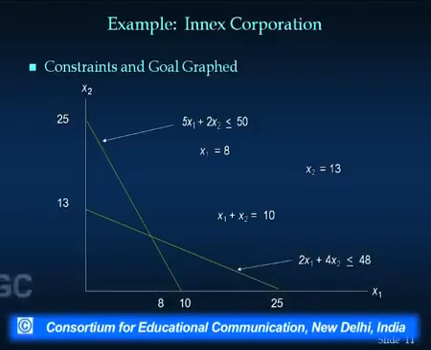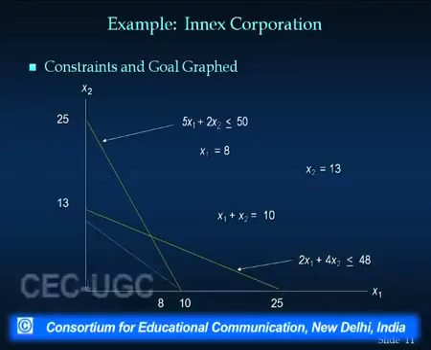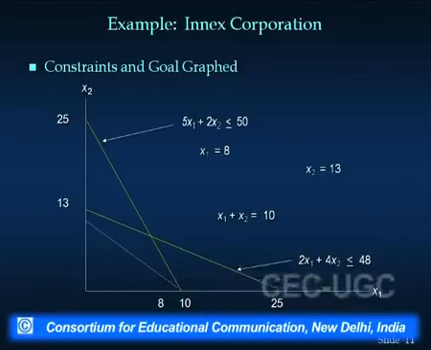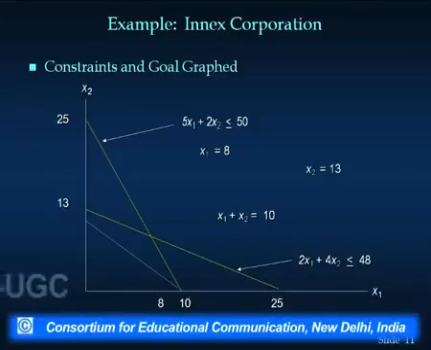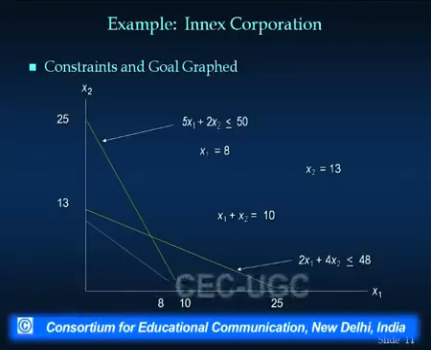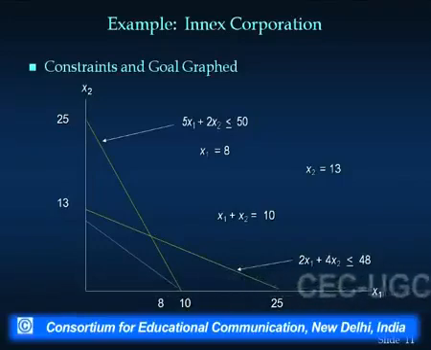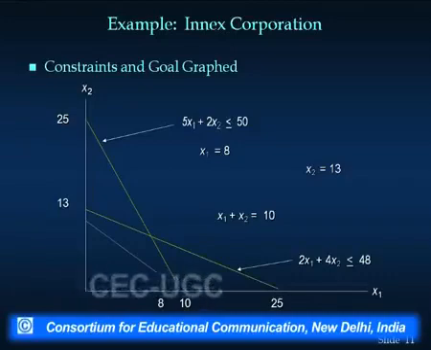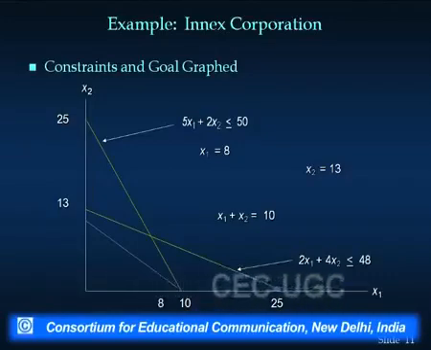The first line is marked here, 5x1 plus 2x2 less than 50, and the second line is again for the constraint 2x1 plus 4x2 less than 48, because 50 hours and 48 hours are the limiting factor on the availability of hours on the two machines, and these two constraints are marked.